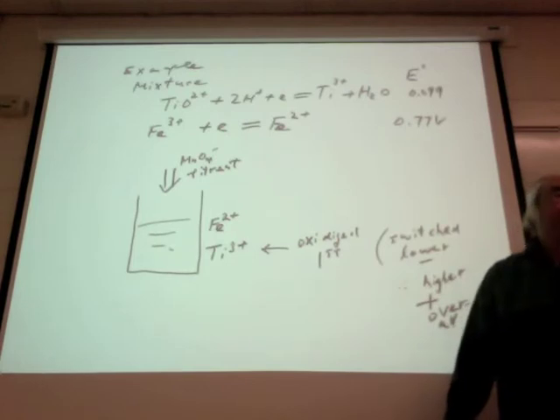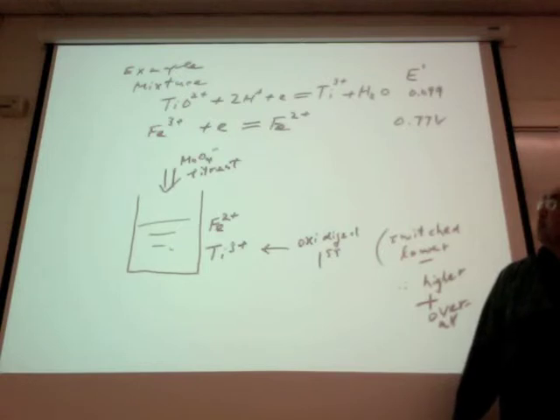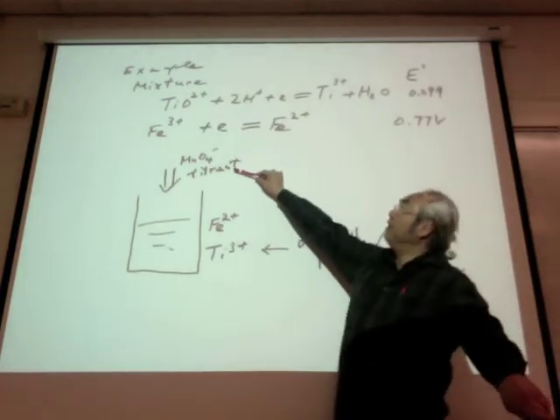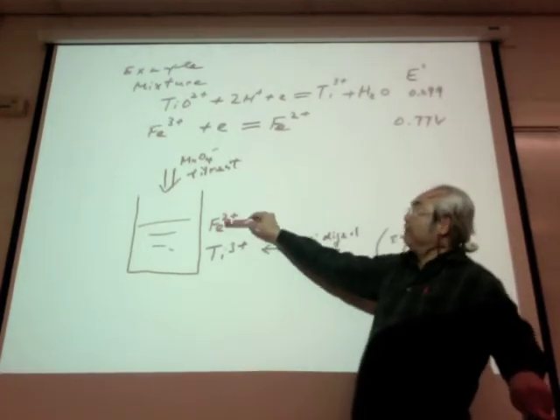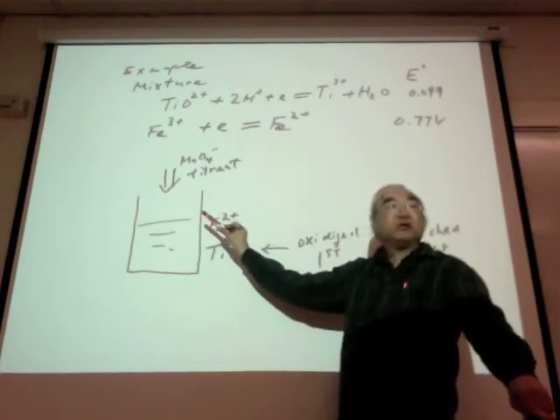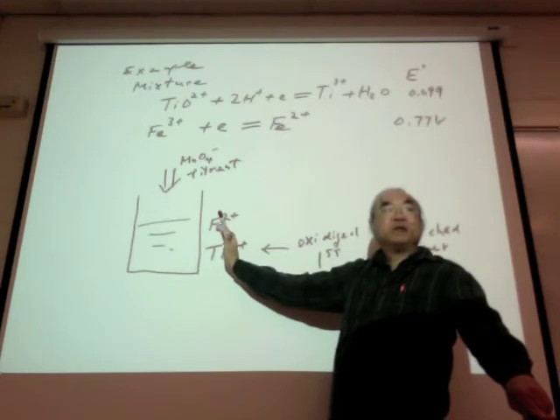And so if the difference between the Fe2+ and Ti3+ is more than 0.2, it's going to have two different endpoints. That is point number 2. Point number 1 first. Can you see that this has to be like this in order to proceed with the titration? So that's step number 1. Can you see that?